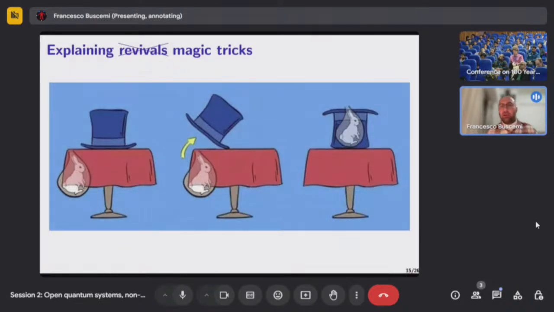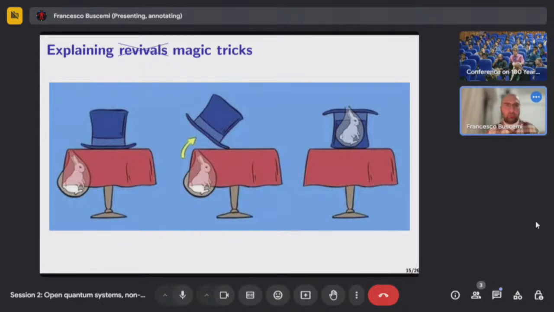There's no magician that is able to summon a rabbit out of thin air, right? So exactly in the same way, you would like to see that these revivals of information come from things that were there already together with your system. It was just you that discarded those degrees of freedom in the first place.